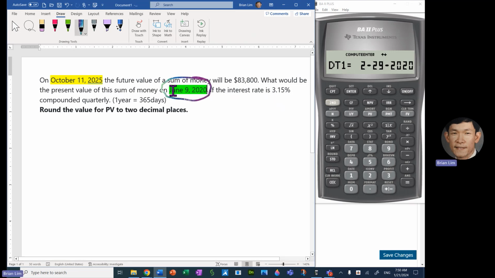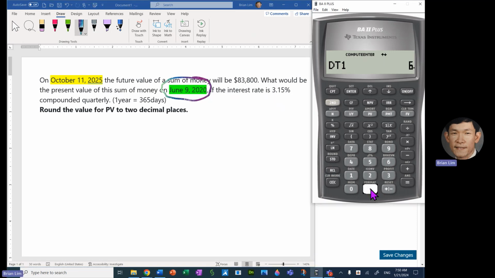The month of June is the 6th month. I go decimal. The 9th day is inputted as 09, and then the last two digits of the year are 20. Then I click on enter, and there it is, the 6th month, the 9th day of the year 2020.